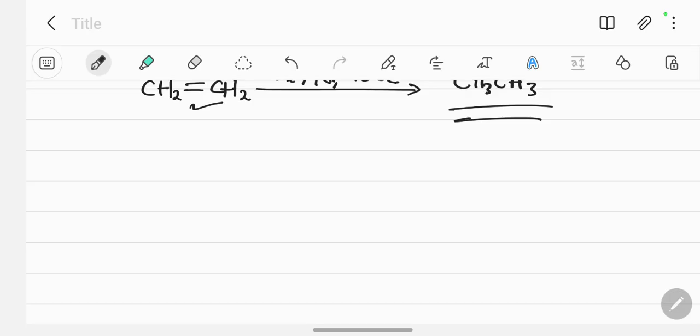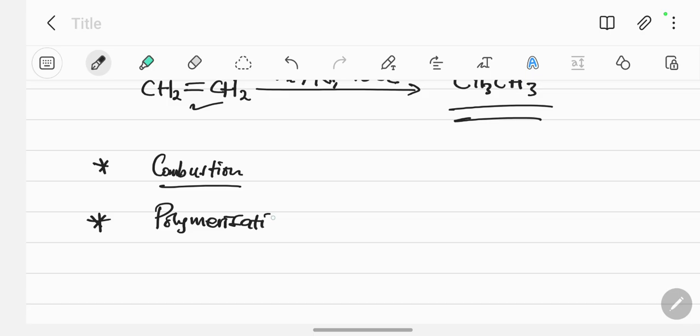Then the other reactions that I'm not going to stress on are combustion. So let us first master the 80%. Then we shall come back for the 20% when we've mastered the other ones.